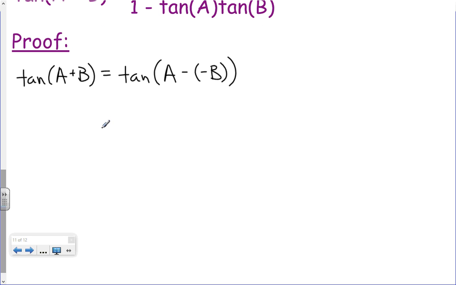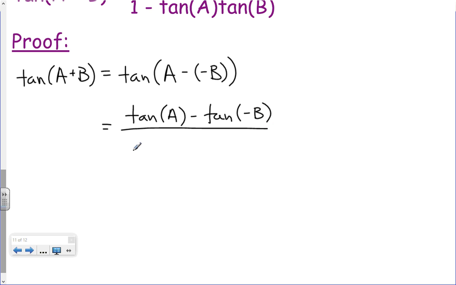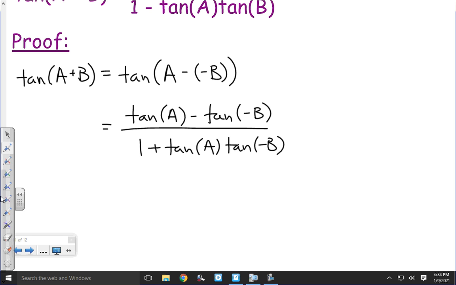So I can rewrite this as the tangent of A, and then minus the tangent of the opposite of B, all over 1 plus the tangent of A times the tangent of the opposite of B. And again, the last step of this is now to use your odd and even properties.